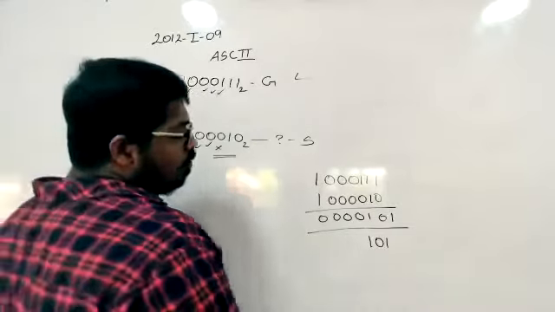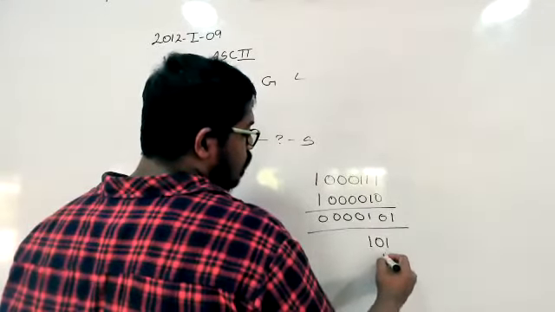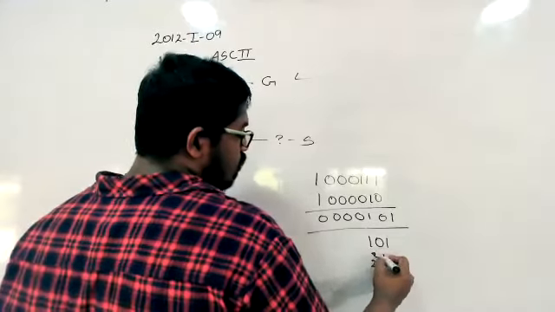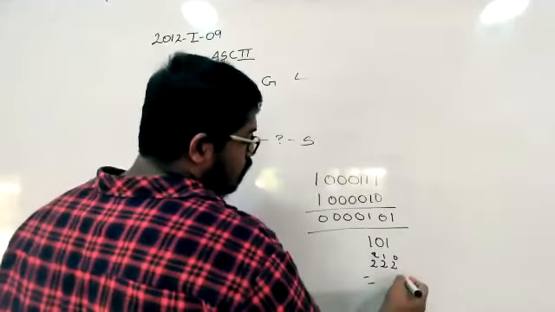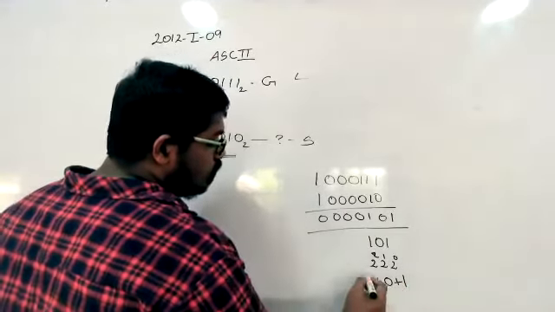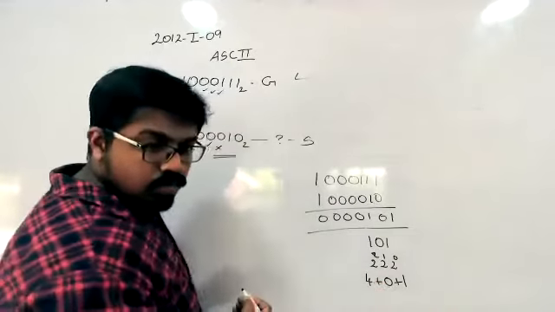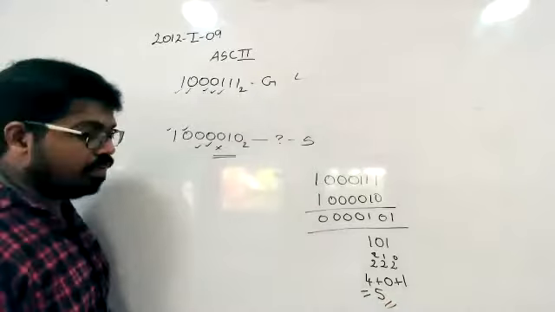When you multiply by powers of 2 to determine the difference in decimal, this is 1, this is 0, this is 4. Altogether it will be 5.